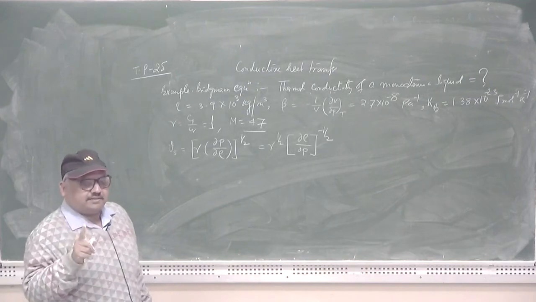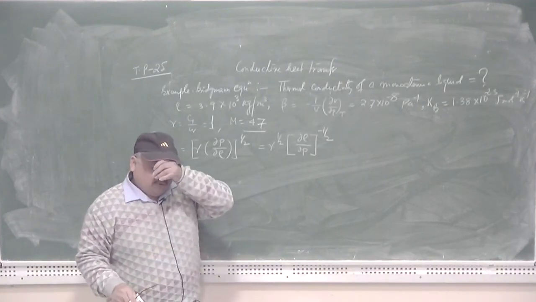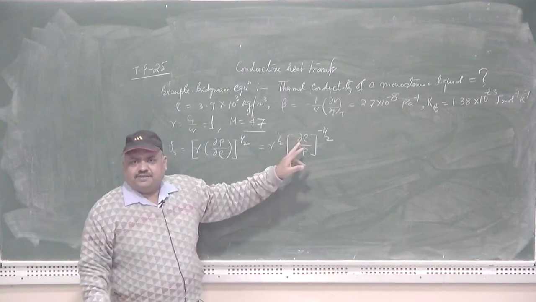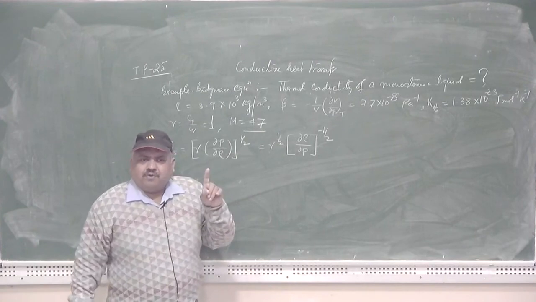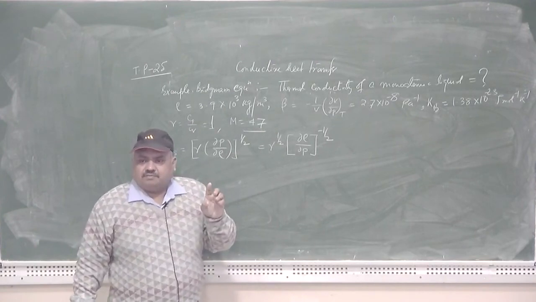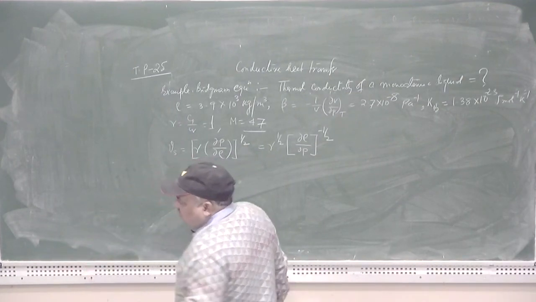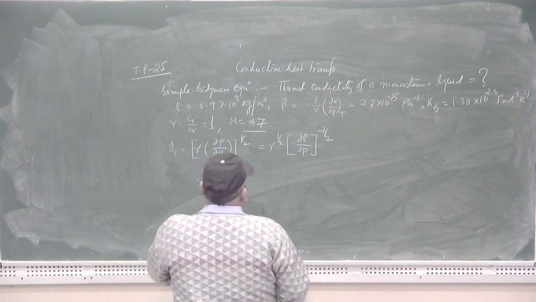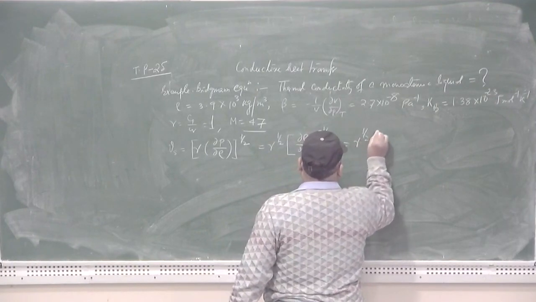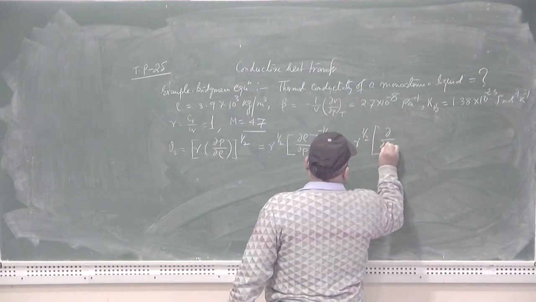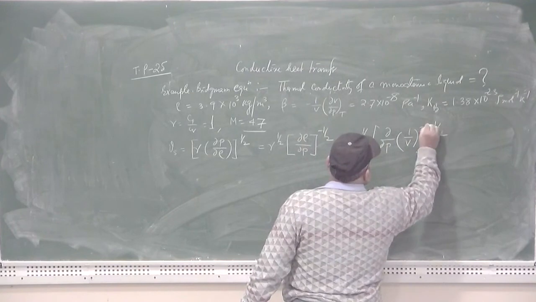Here it is necessary to emphasize that the density rho is defined as 1 upon V, that means the volume per unit mass. So that is equal to gamma raised to the power half, delta by delta P of rho, which is equal to 1 by V, whole raised to the power minus half.